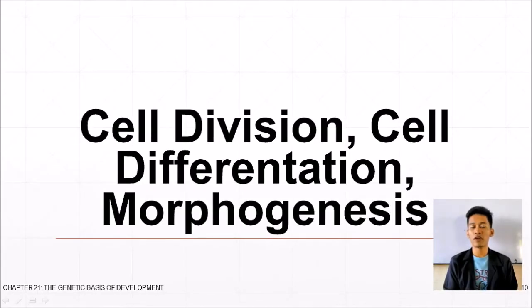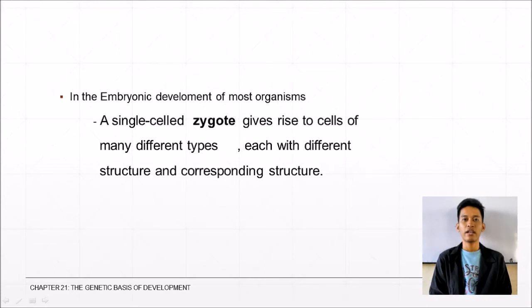The first topic for chapter 21 is cell division, cell differentiation, and morphogenesis. In the embryonic development of most organisms, the zygote gives rise to many differentiated and specialized cells, which are grouped depending on what function they have in the body.